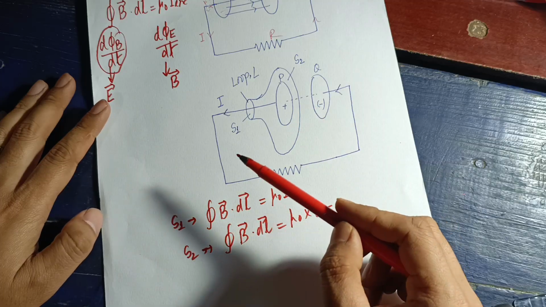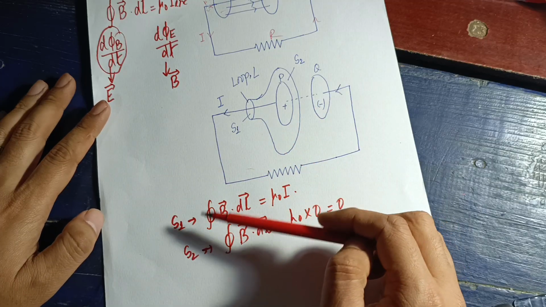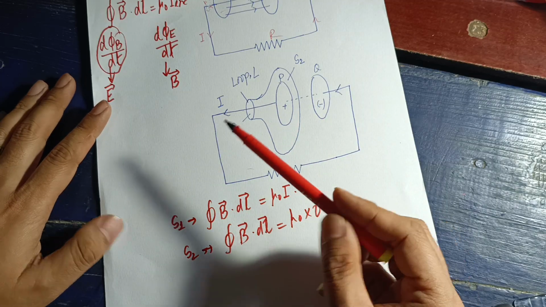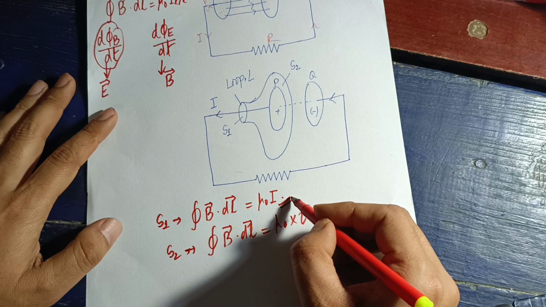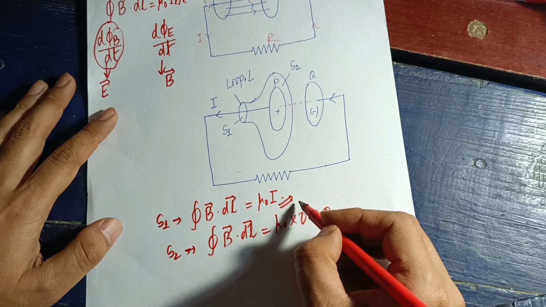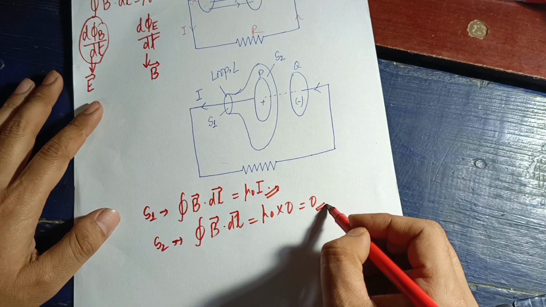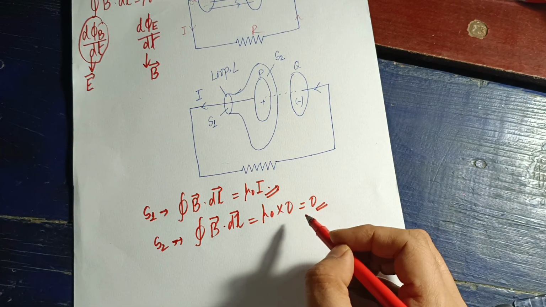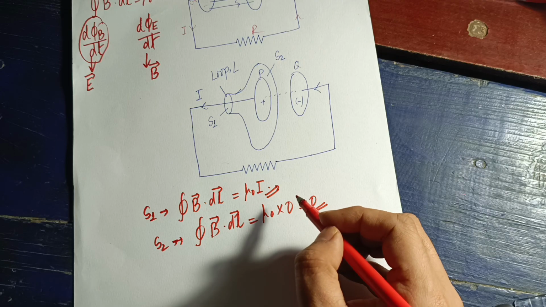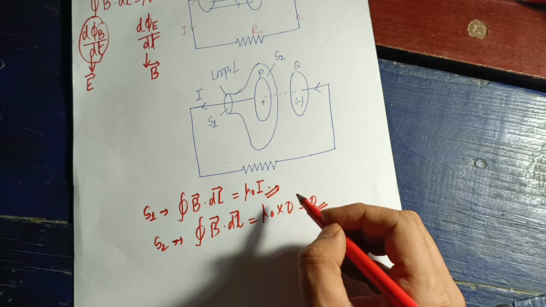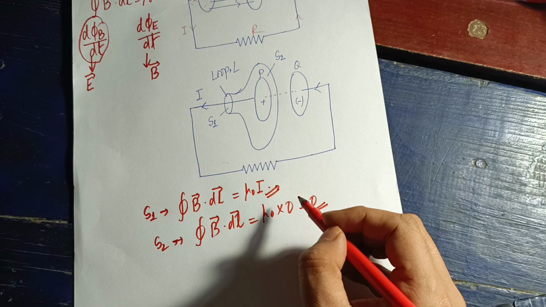So when I calculate the magnetic field through this same loop, there are two results. At first, there is a non-zero magnetic field. In the second one, I got a zero magnetic field. So this is the inconsistency of Ampere circuital law. This was also proved experimentally.